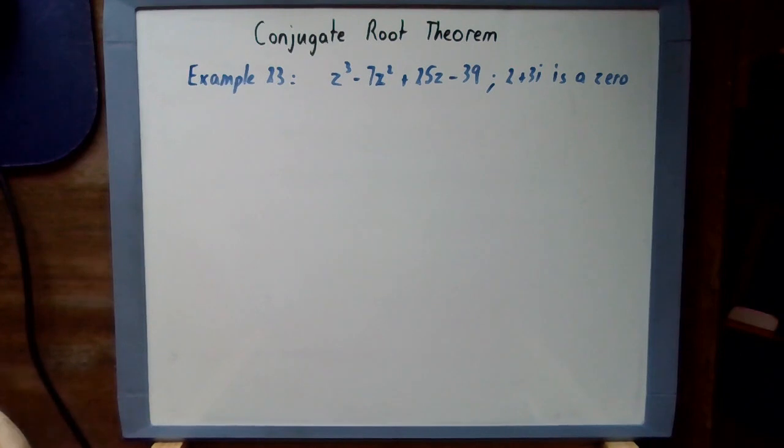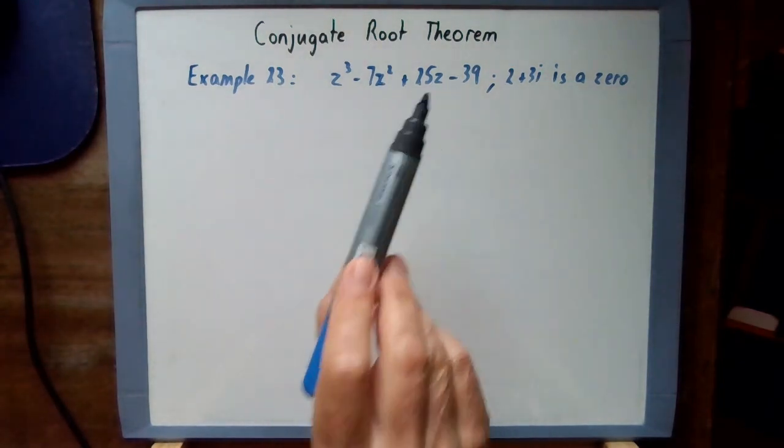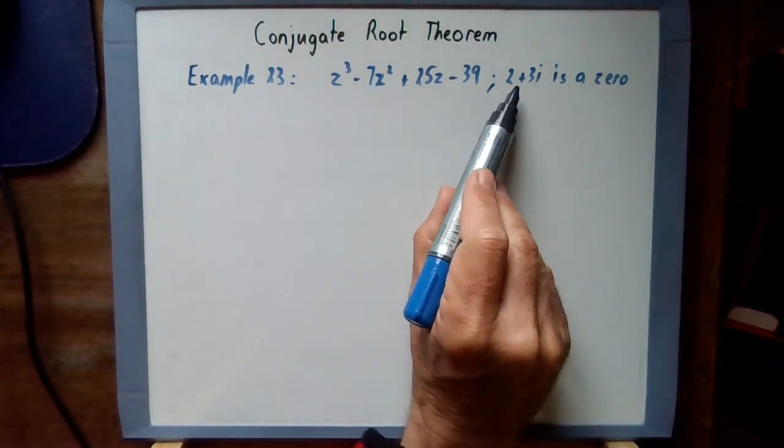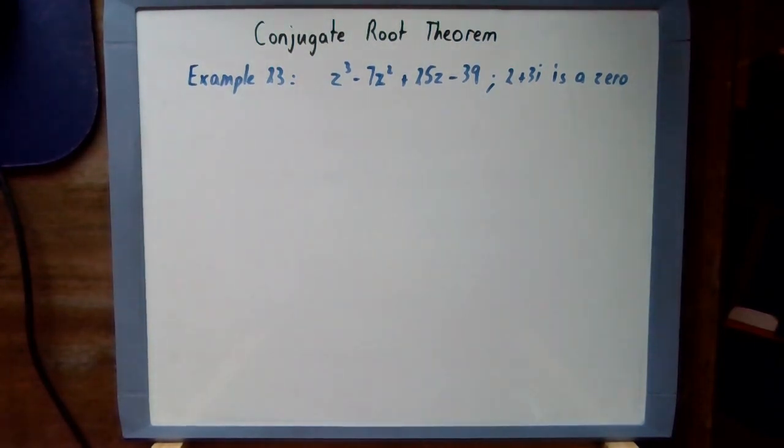The conjugate root theorem states that if a polynomial has real coefficients, such as in this example here, the coefficients are real numbers, and we know that there is a root that is complex in nature, then there must be another root which is the conjugate of that root that we already know.